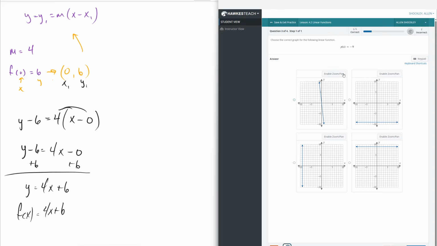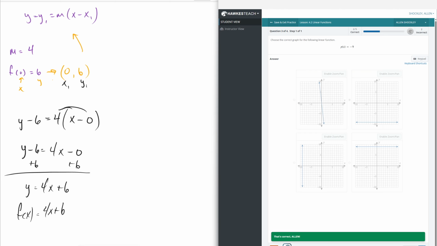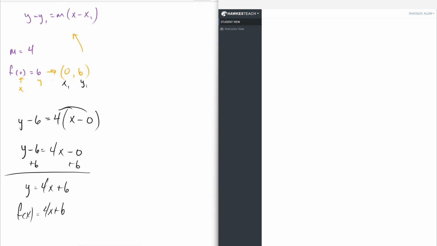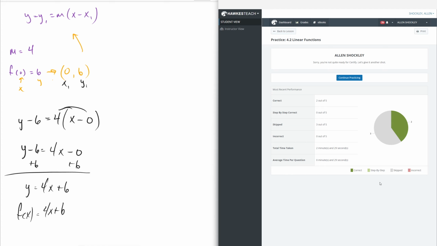So which one of these says y equals negative 9? This one. Because this is my y at negative 9. This is similar to the one that we started with, so we should know how to do that one. There you go. Thank you for watching.